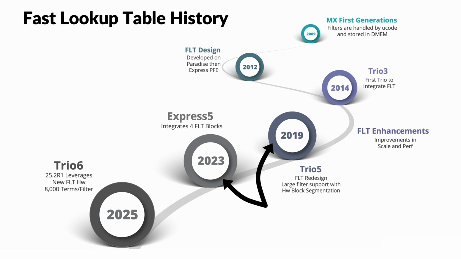More recently, the FLT block has been enhanced on both Trio and Express. This allows us to support billions of operations per second on Express 5 and to handle very large and complex filters on Trio 6 without any performance degradation.